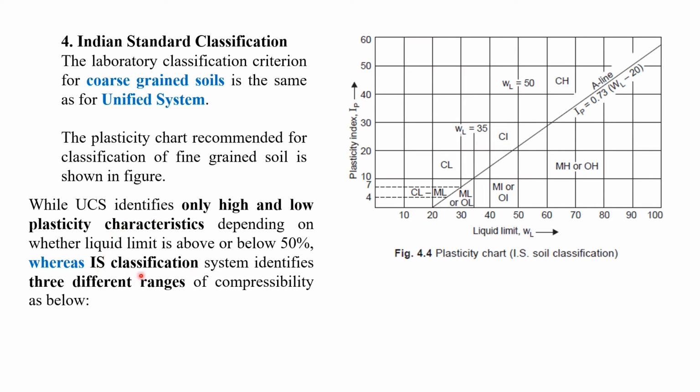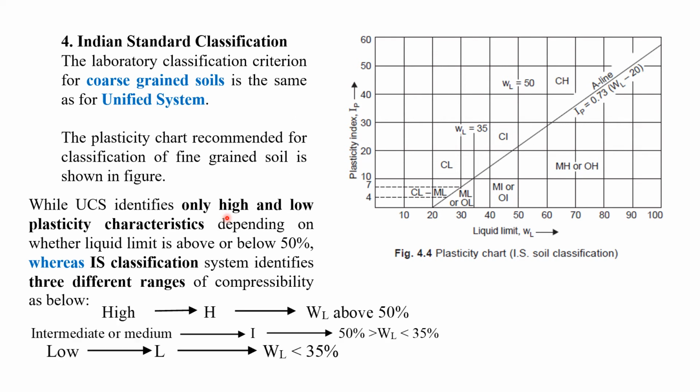But in case of IS classification, it defines 3 different zones. In the Casagrande chart, 2 zones, less than 50% liquid limit, more than 50% liquid limit. In case of IS classification, 3 zones are there. We can see all the 3 zones. You can see liquid limit at 35%, another is the liquid limit at 50%.